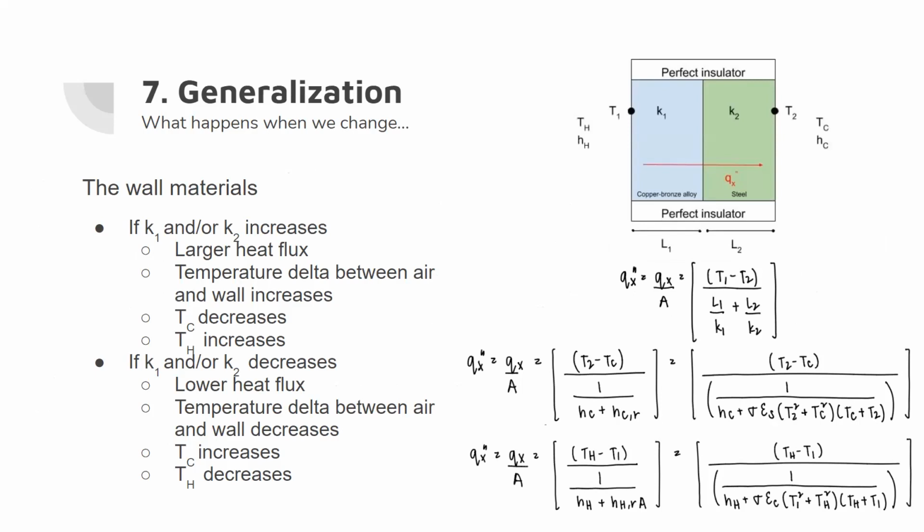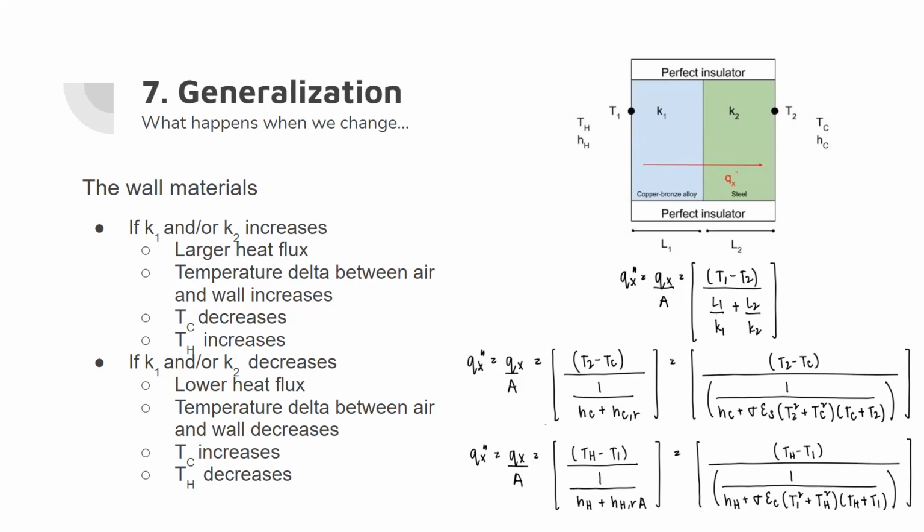If we choose a new material with a higher conductivity for either side, we'll end up having a larger heat flux, and then the temperature difference between T1 and T2 will increase, and the value that we calculate for TC will end up decreasing and TH will increase. And then if we use a material with a lower K value, we'll end up with a lower heat flux, a lower temperature difference, and TC increases while TH decreases.